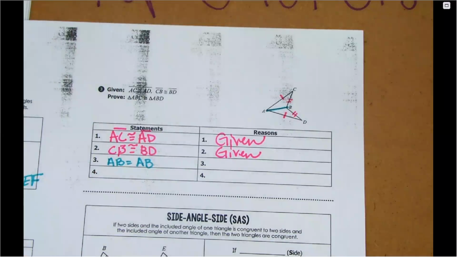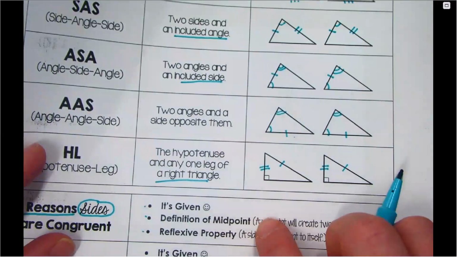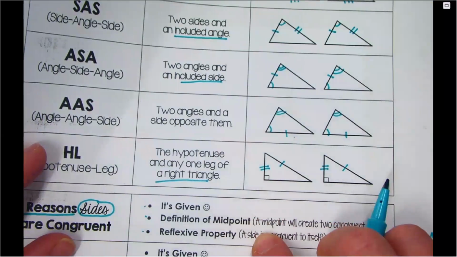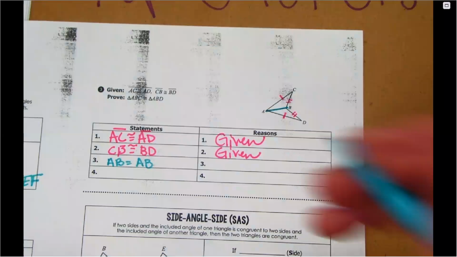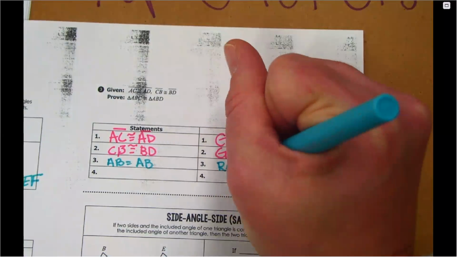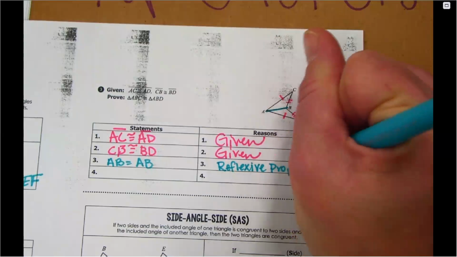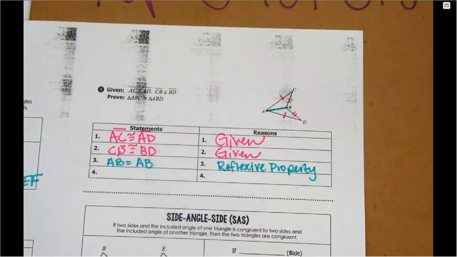Well, what's your reason for that? It's either given, definition of midpoint, or reflexive property. It's the reflexive property. Anytime your triangles share a side, it's the reflexive property.